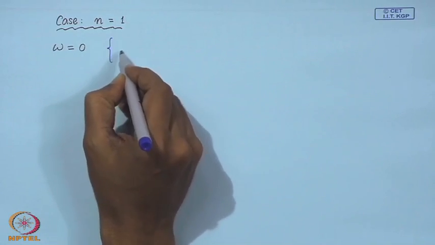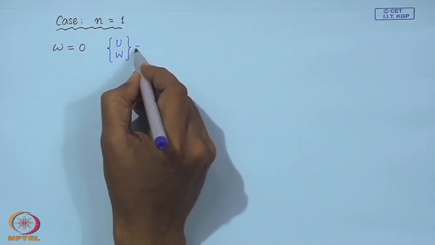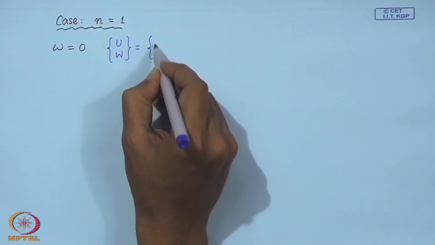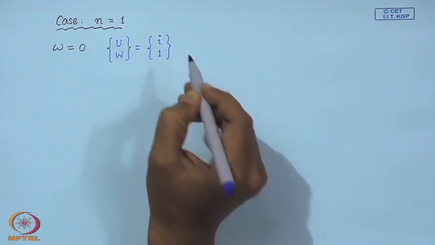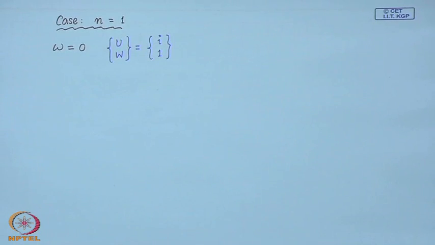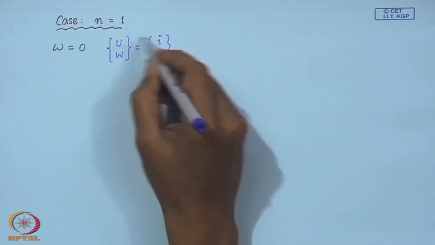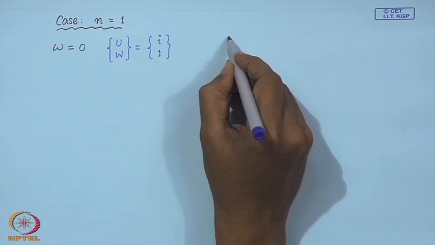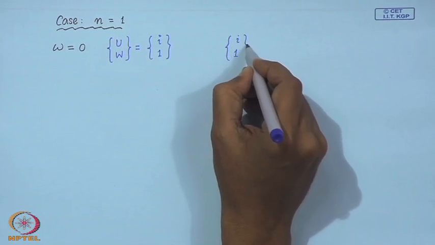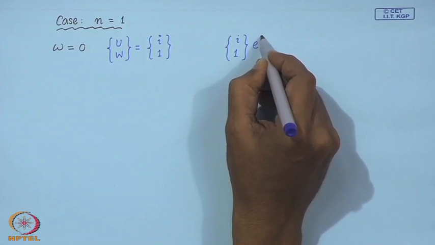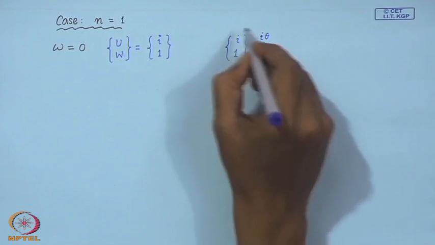So, if you calculate once again the eigenvectors, they turn out to be i and 1. So, let us see what this means. So, this gets multiplied, the eigenfunctions are nothing but, so these are the eigenfunctions.